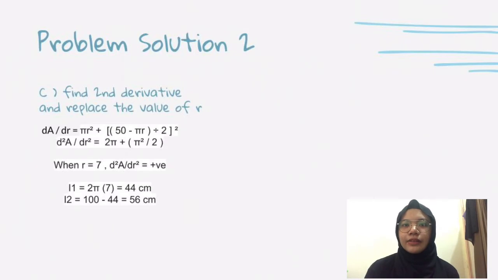When r equal to 7 and the second derivative is a positive value, l1 equal to 2 pi r. With r replaced by 7, it will be a total of 44 cm. l2 is then equal to 100 minus l1, 44 cm, equal to 56 cm. That's it, thank you.